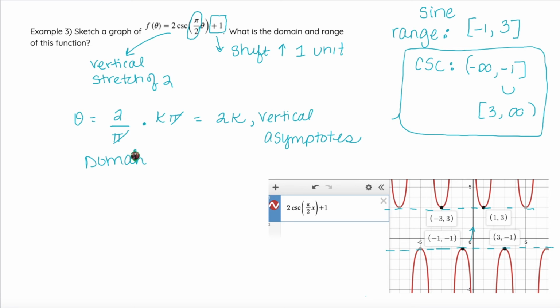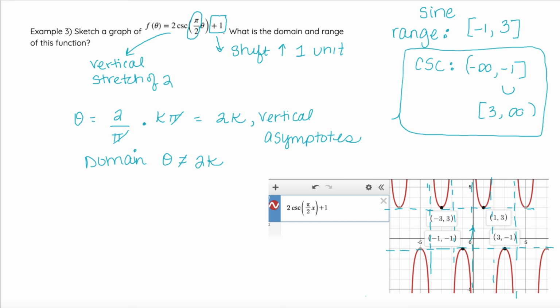Based on what we've discovered with theta, the domain is everything except multiples of 2k, and we can see that also within our graph here, where we have -4, -2, 0, +2, +4. So notice they're multiples of 2. That is where our vertical asymptotes are located.